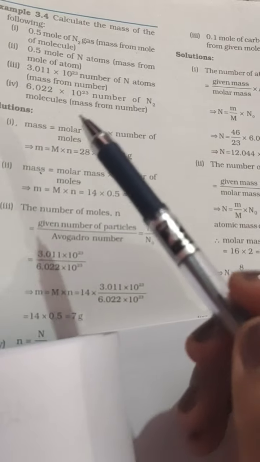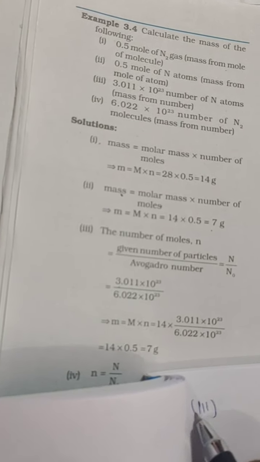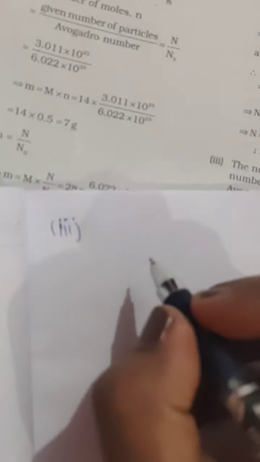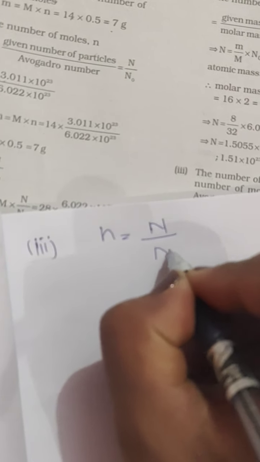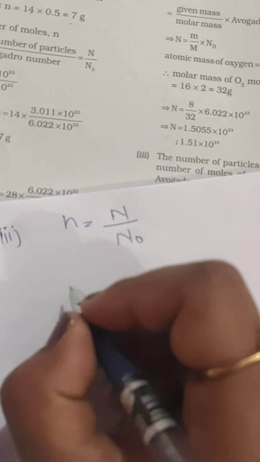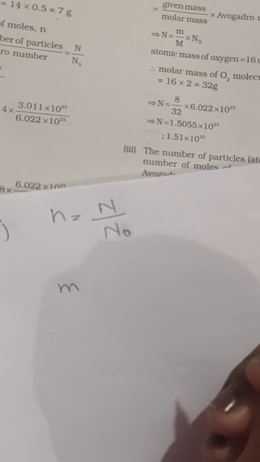So now here we'll change the formula. Here we have been given the number of atoms. So the formula will be n equals to N upon N naught. Again we have to find out the m, but here we cannot find any m. So what will we do?